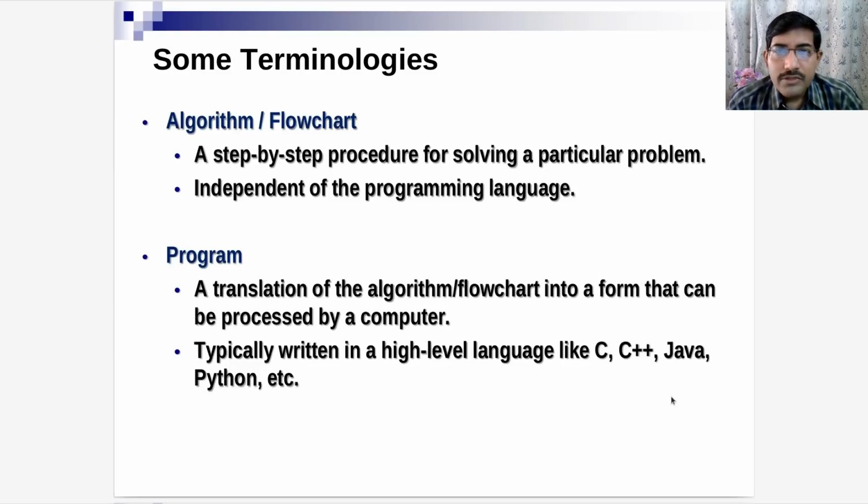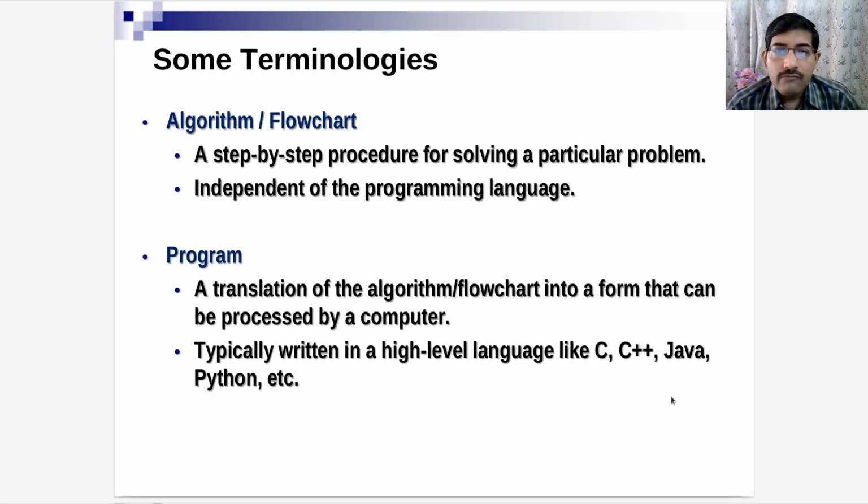Some of the terminologies that you need to know: you have heard of flowchart and algorithm, which is basically a formal step-by-step procedure of solving a particular problem. The broader role of computer programming, or learning to program, is to solve problems. When we say that we solve problems, that means there should be a step-by-step procedure to solve it, and that is what algorithms or flowcharts give us.